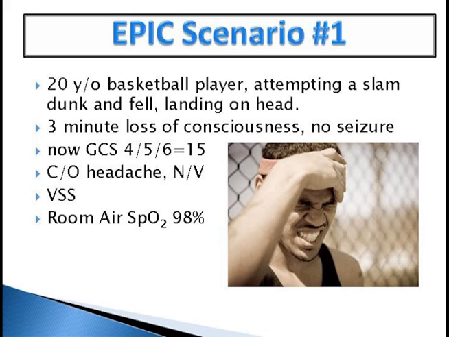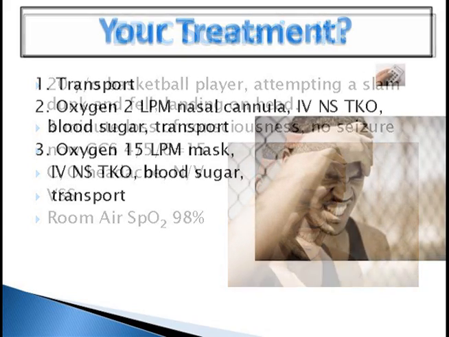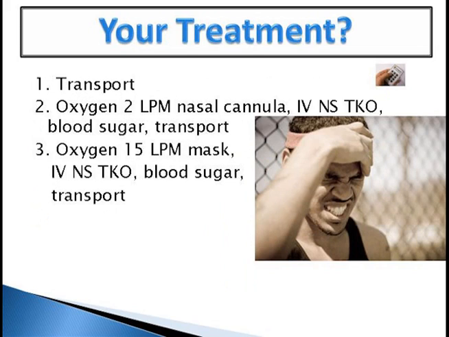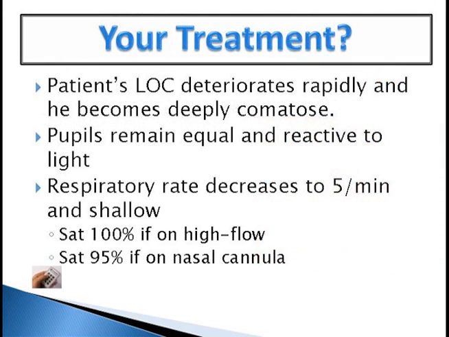Normal vital signs, SpO2 of 98%. So your options: transport, 2 liters of oxygen by nasal cannula and transport, 15 liters of high-flow oxygen and transport, or check blood sugar and transport. So these are your different treatment options. Obviously, this is to illustrate that point.